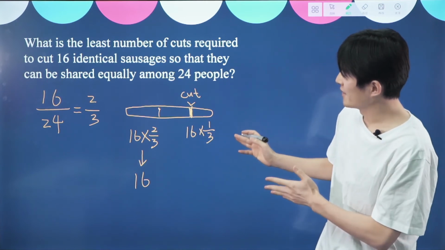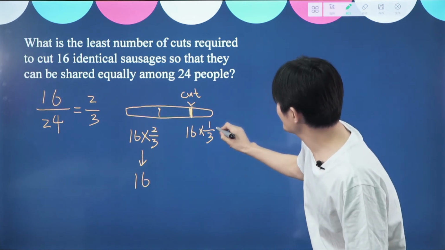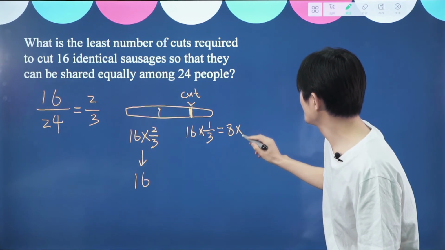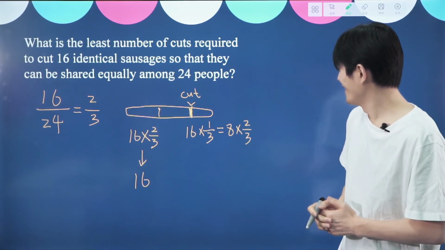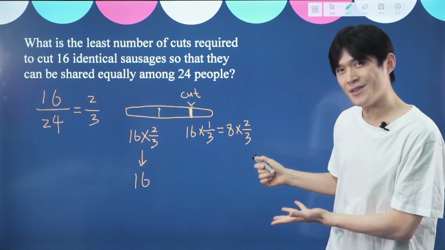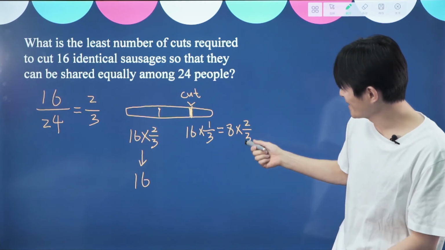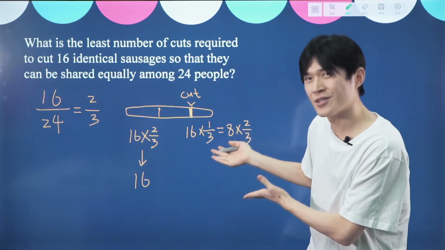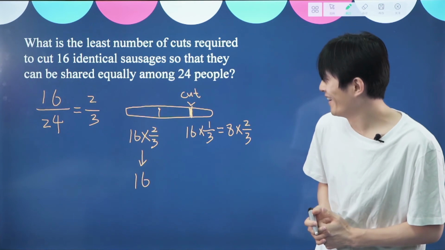So we notice that 16 times 1/3 is 8 times 2/3. Each person needs to have 2/3 of sausage. So that means we can actually give the 16 units of 1/3 of sausages to 8 people.